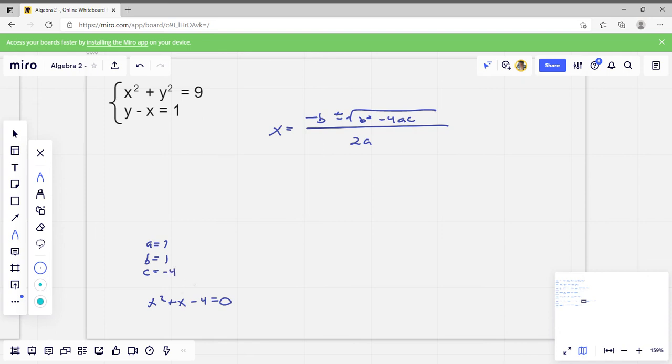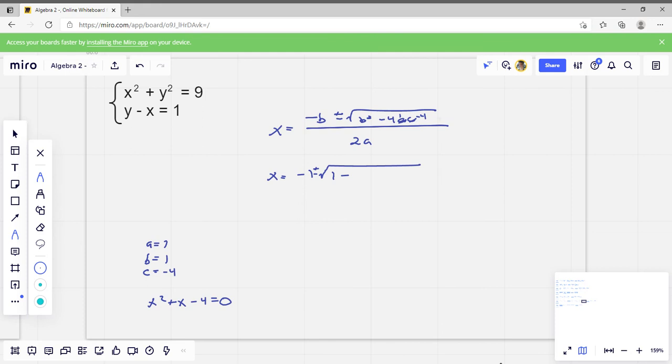Okay, so x equals negative 1, because our b is 1, plus or minus the square root of b squared, so 1 times 1 is 1, minus 4 times 1, which would be 4, times c, which is negative 4.